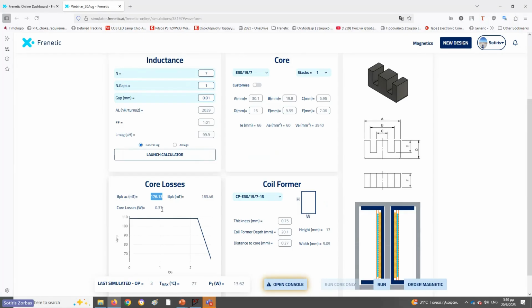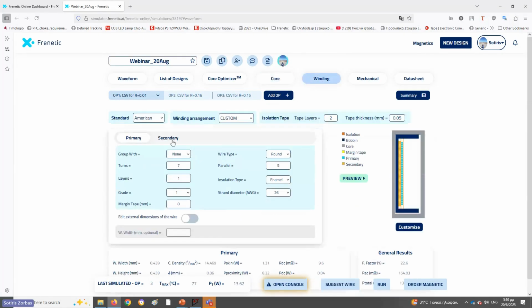And if we go to the windings, primary and secondary is just round wire. Why? Because we don't really care about the thermal performance of the part, because in this application, the transformer is operating 7% of the time.